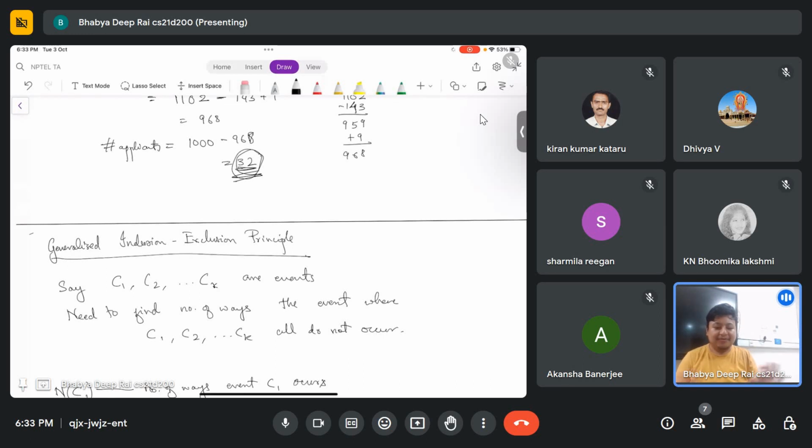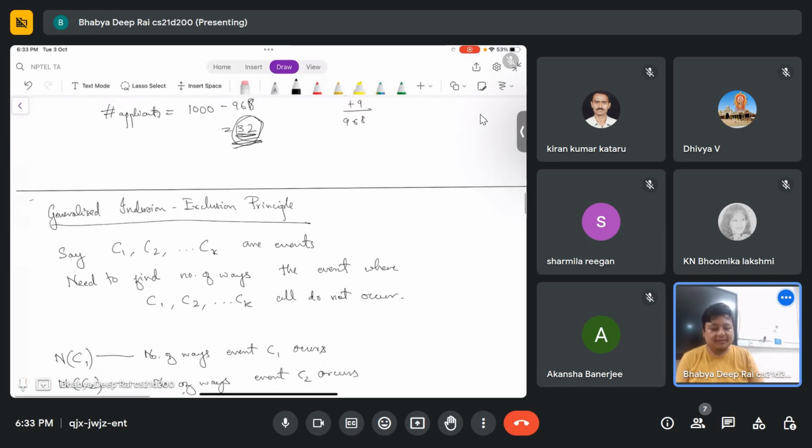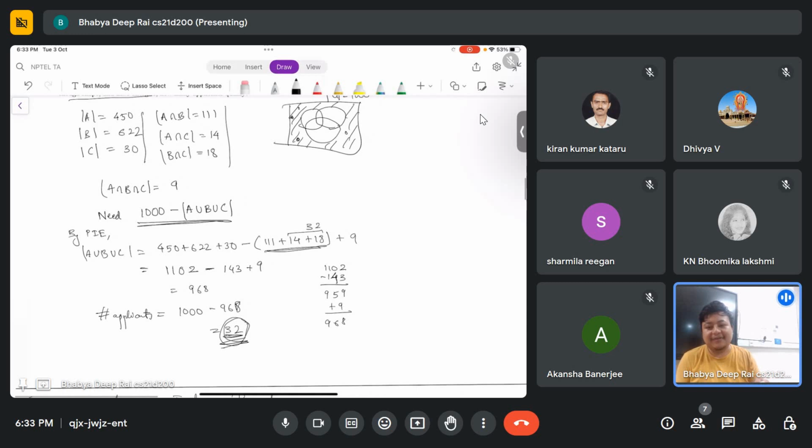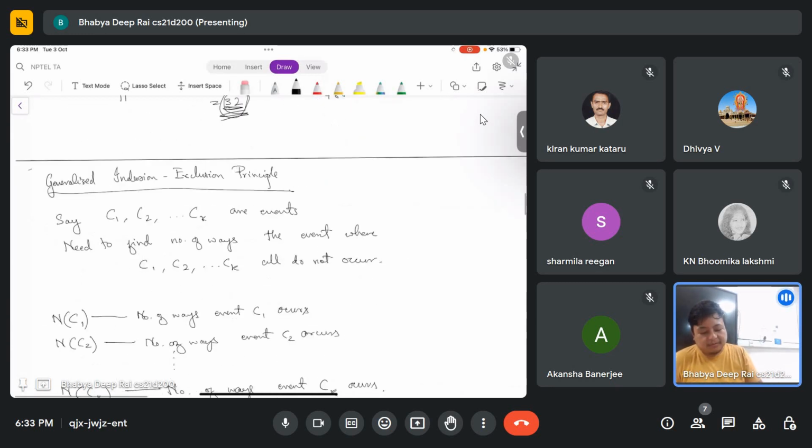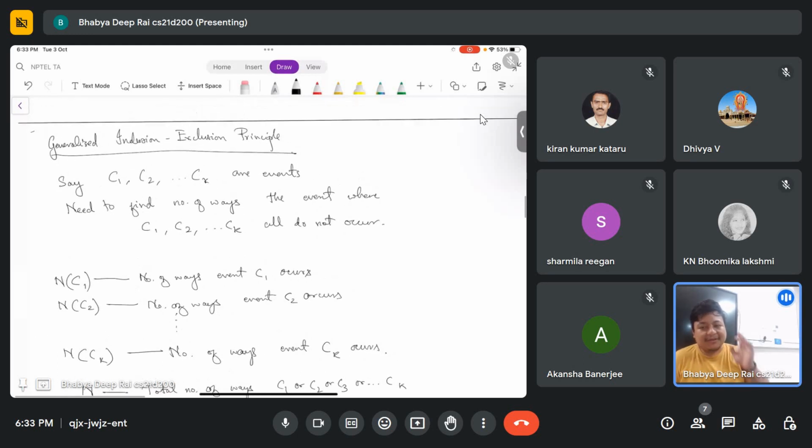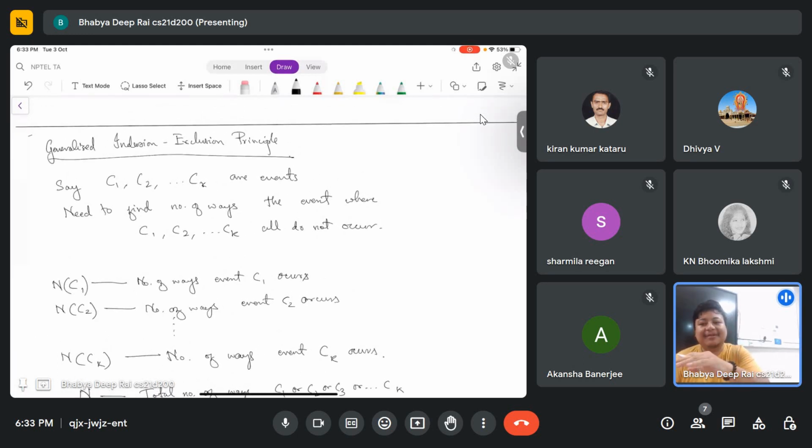So now that we know some of the application of inclusion exclusion, I hope everything is clear with everyone, but please stop me. Now, we'll look at the generalization of inclusion exclusion principle. That is what we are mostly focused on. This is extremely useful in counting.